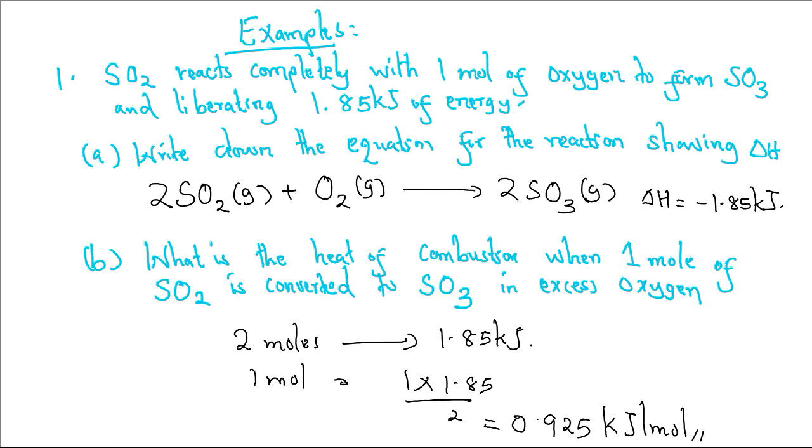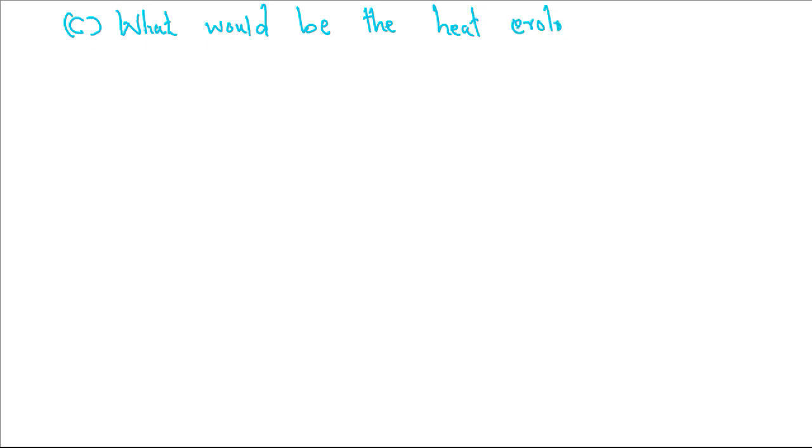Another question, that is part C. What would be the heat evolved if only 0.2 mole of sulfur 6 oxide was formed?